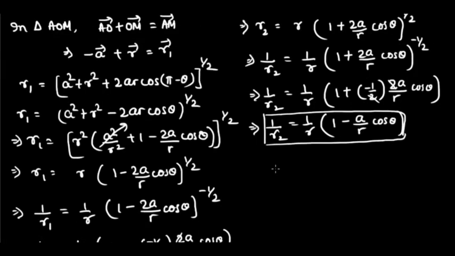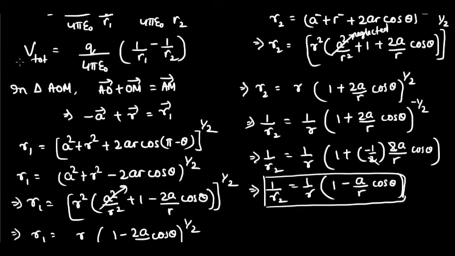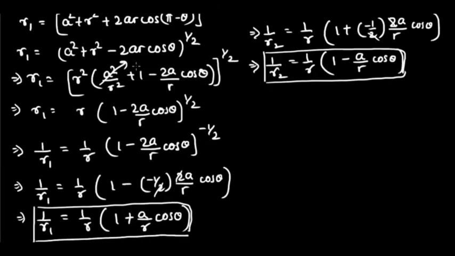Now we can put these values in this expression. So we look at this expression, V total. V total is equal to Q by 4 pi epsilon naught whole into 1 by R1 minus 1 by R2. So I can write here that V total is equal to how much? Q by 4 pi epsilon naught into 1 by R1 minus 1 by R2.